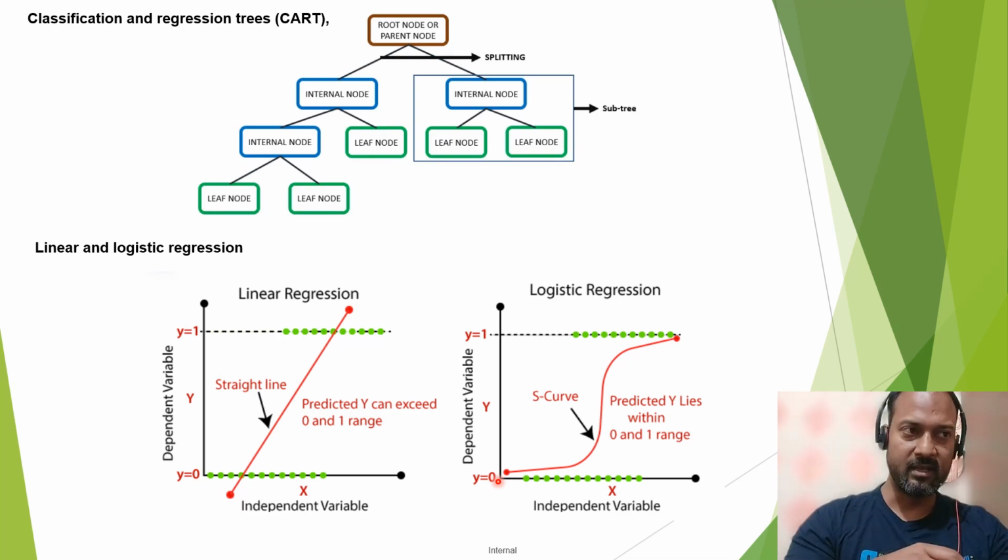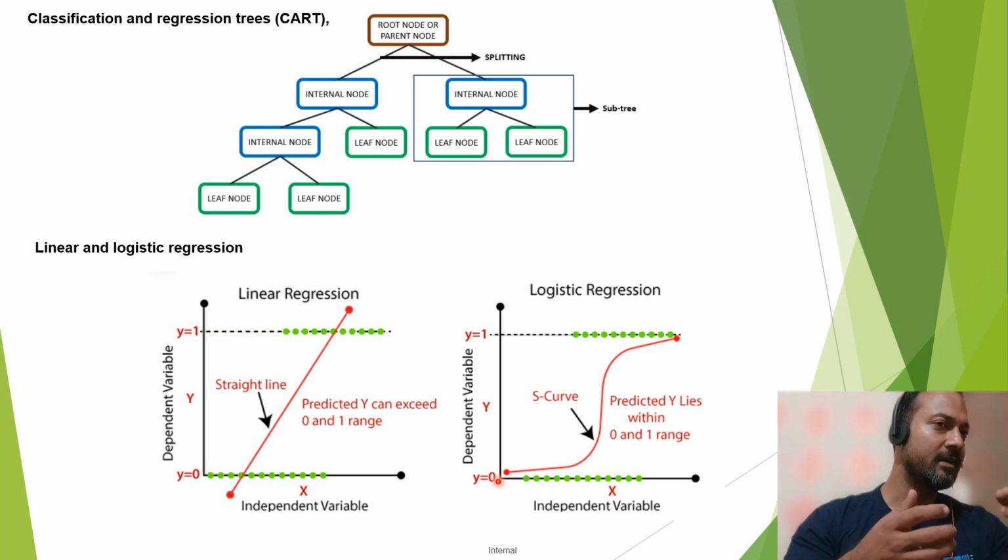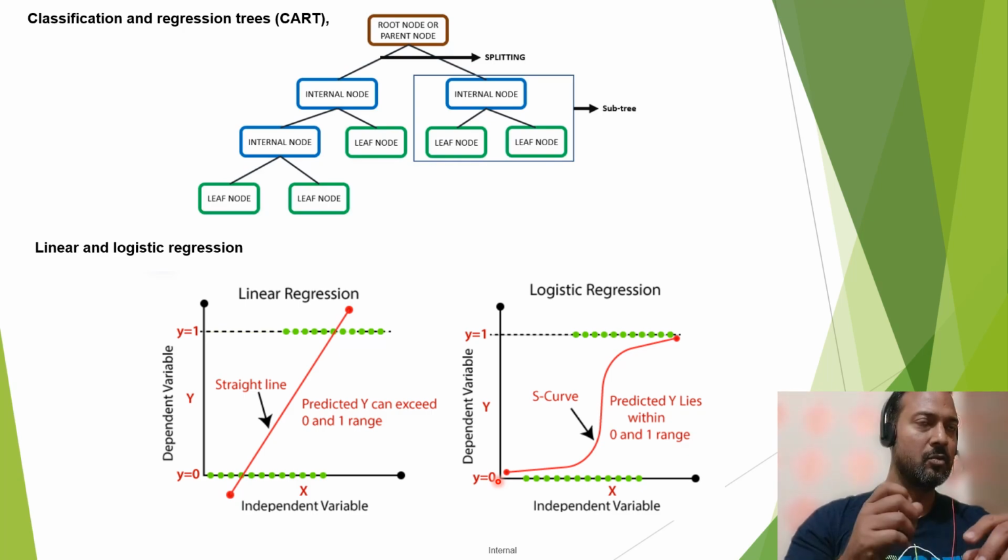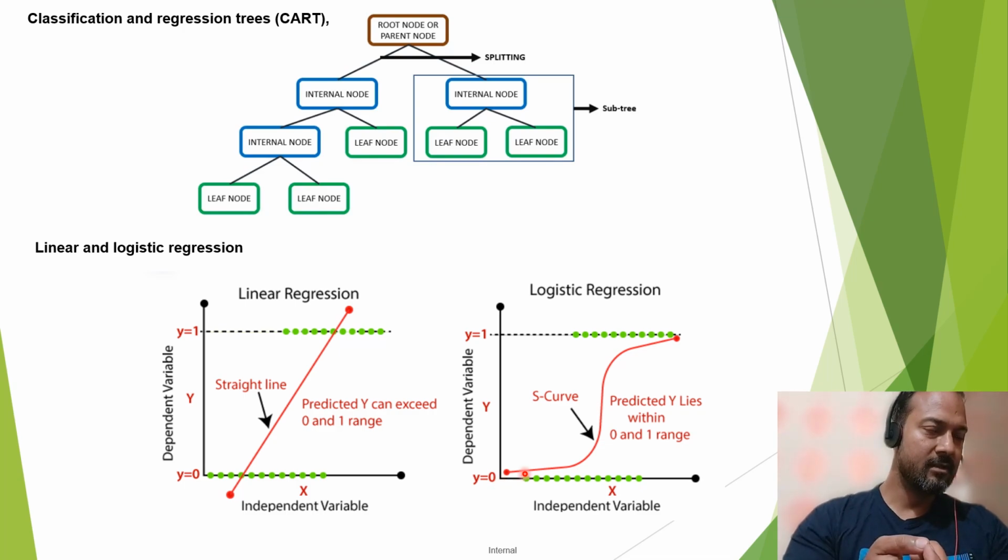Either yes or no. Again, whether you will pass, yes or no. In a similar way, there would be a binary value, 0 or 1. If we denote true as 1 and false as 0, then it would be a logistic regression. So I hope you understand the difference between linear and logistic regression.